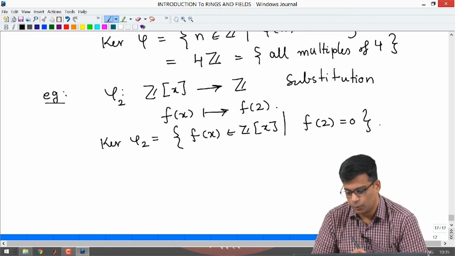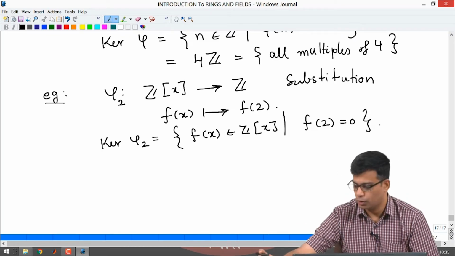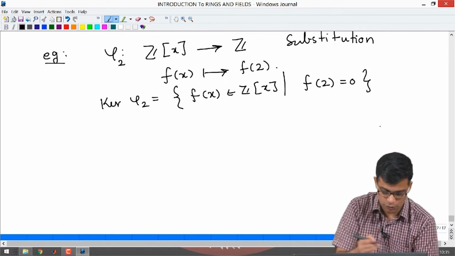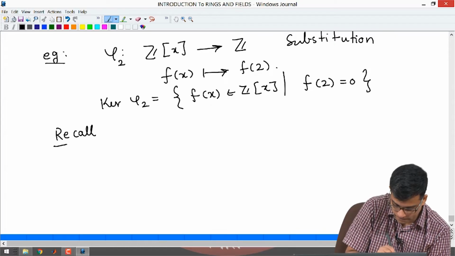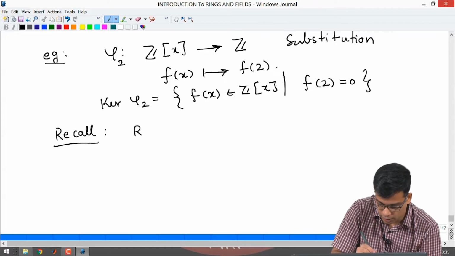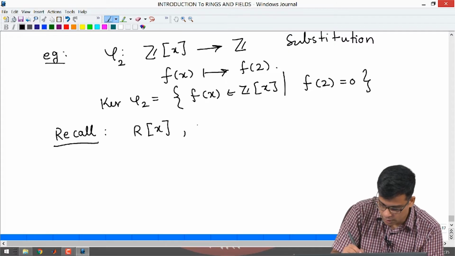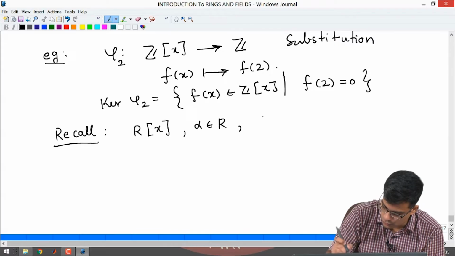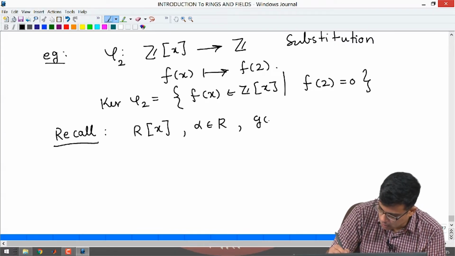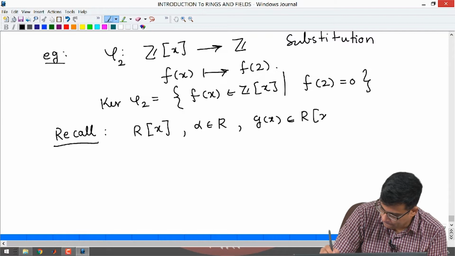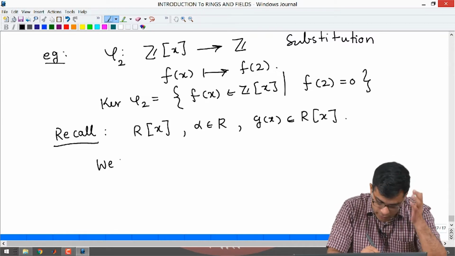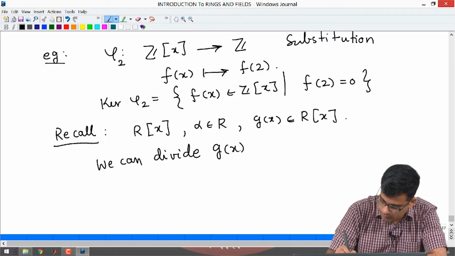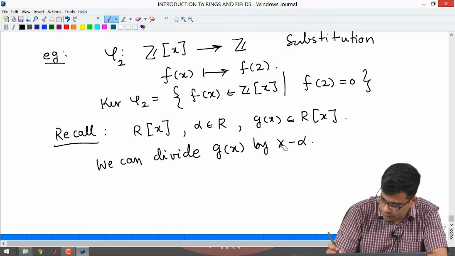Okay. Now, I am going to ask you to recall something I talked about when I discussed division inside polynomial rings. In any ring R and any polynomial ring R[x], if you fix alpha in R, we can divide g(x) in R[x] by x minus alpha.